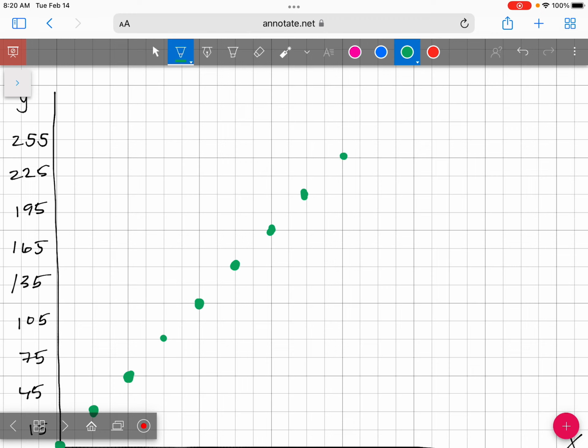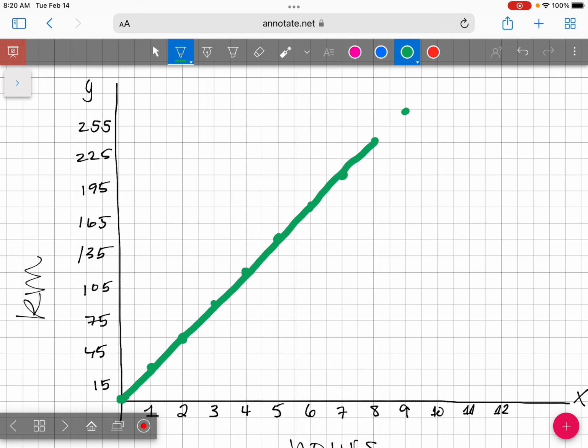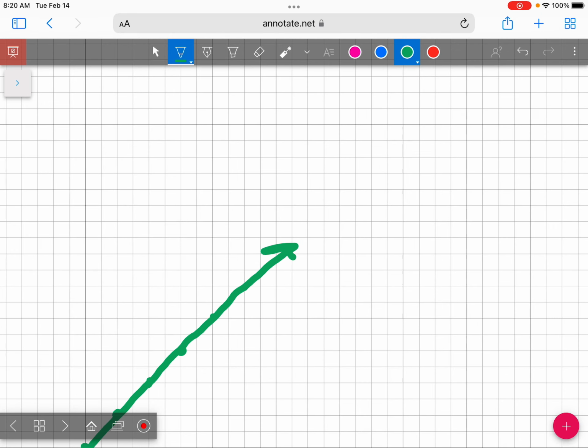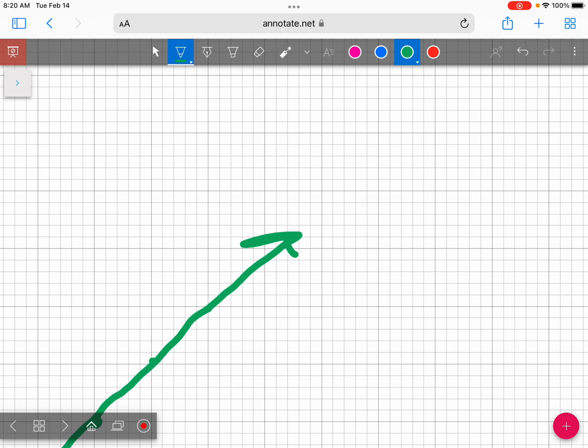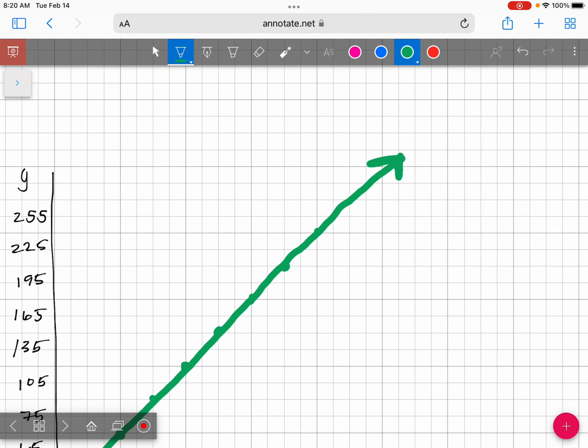If you guys see me make a mistake, please correct me. All right, makes sense? Then I'm going to draw a line to represent Ryan. Which I can't do a line on a graph. I always forget that thing. Use your ruler. Okay.